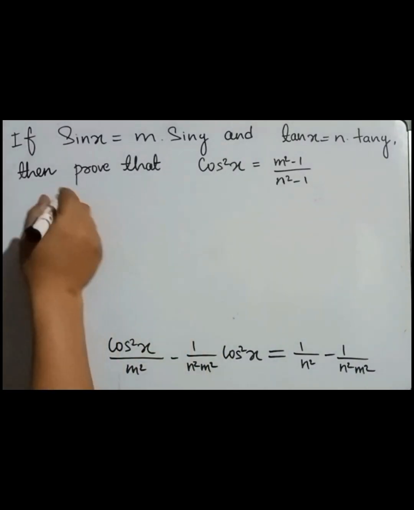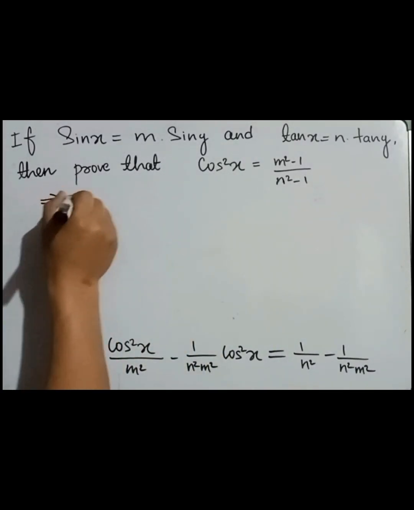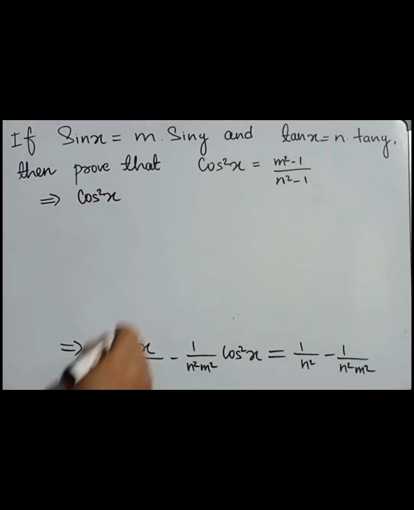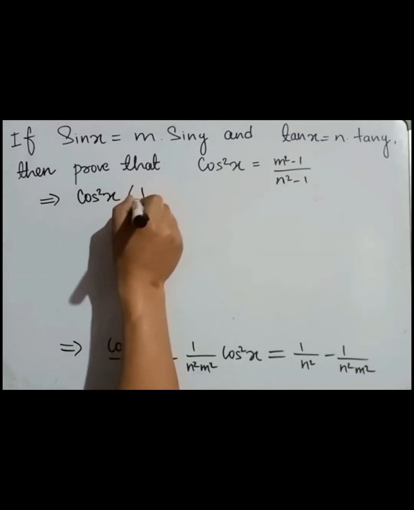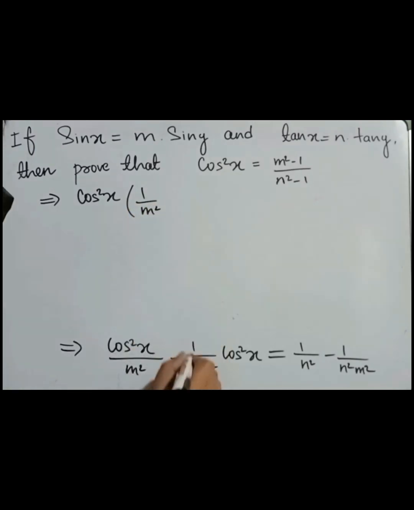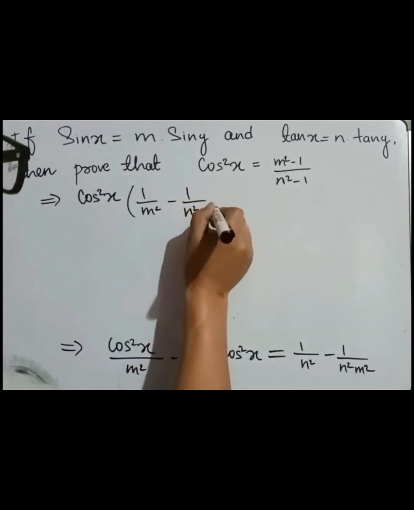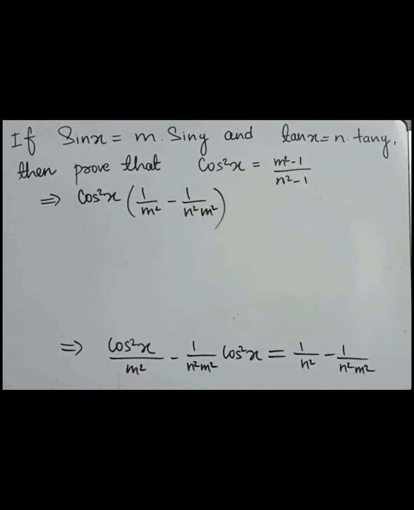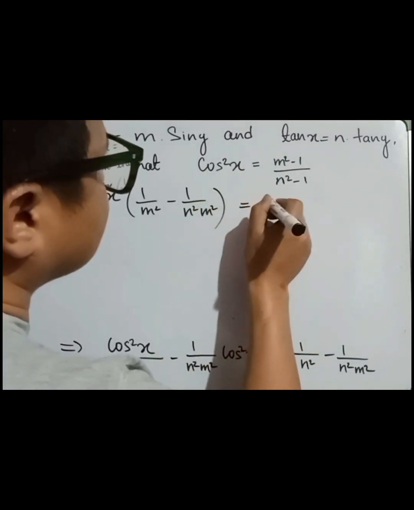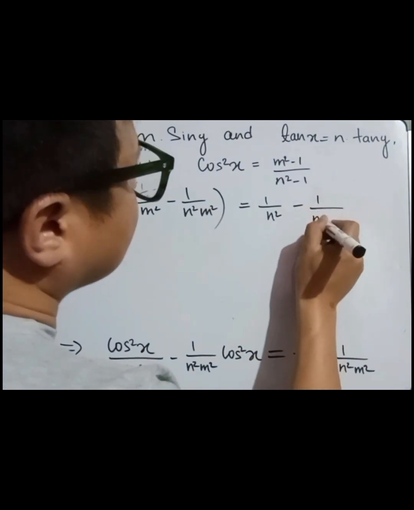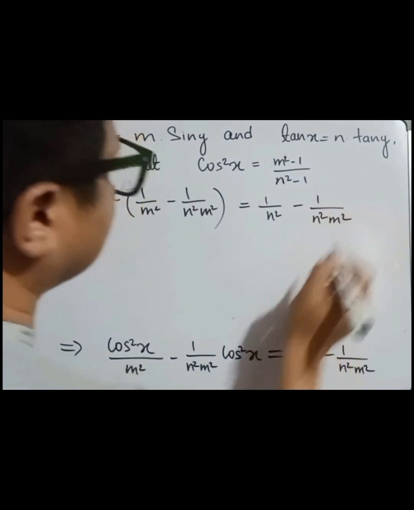Again we can continue here. From the left hand side, from these two terms we can take cos square x as common. So within bracket there remains 1 upon m square in the first term minus 1 upon n square m square in the second term. And the right hand side is 1 upon n square minus 1 upon n square m square.